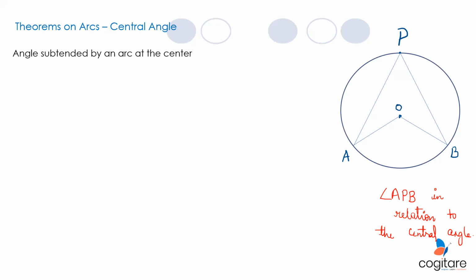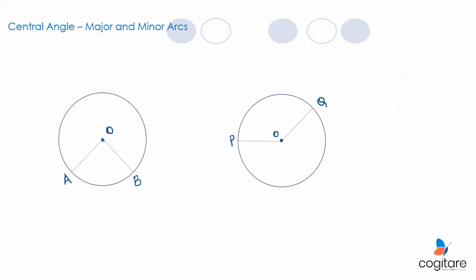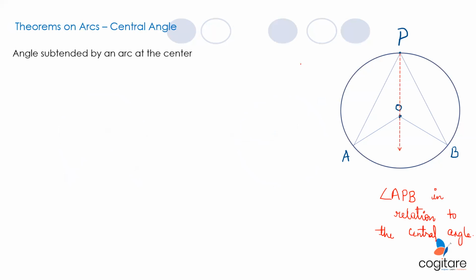To do that, let's draw a line, or rather a ray, right? One endpoint is at P, but this ray passes through the center of the circle. Let's call this ray, I'll have a point D here. So I'm picking a point D on this ray.